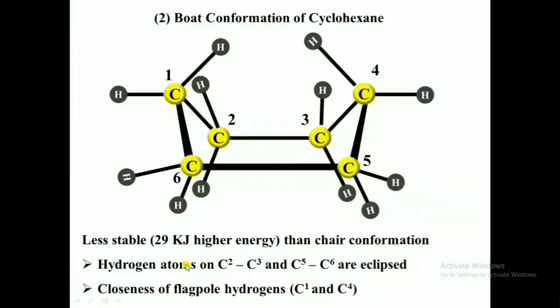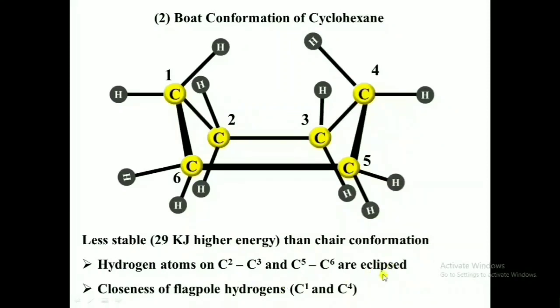So the hydrogen atoms on the second and third carbon atoms, and on the fifth and sixth carbon atoms, are in eclipsed position. Therefore, there is steric hindrance or crowdedness, which makes the molecule uncomfortable, or higher in energy.